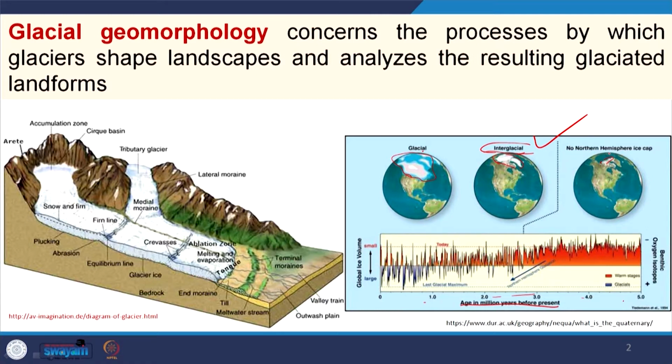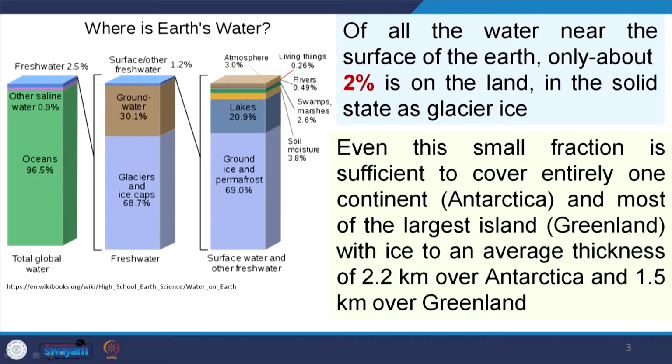We call it tillite or diamictite, and mostly they are preserved in the rock record in the sedimentary rocks. Now, if we compare the water budget of this glacier system, of all the water near the surface of the earth, only about 2% is on land in the solid state as glacier ice.